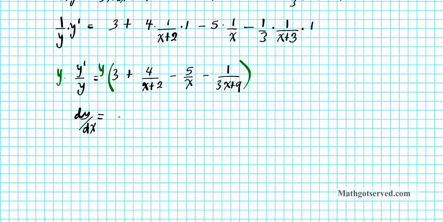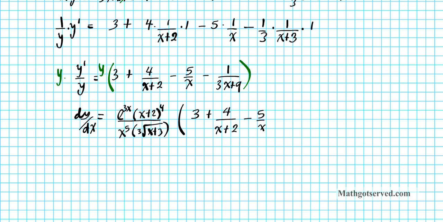So we're going to have e to the 3x times (x plus 2) to the 4th over x to the 5th times the cube root of (x plus 3), this entire expression times 3 plus 4 over (x plus 2) minus 5 over x minus 1 over (3x plus 9). Okay, so there goes the derivative of your function.